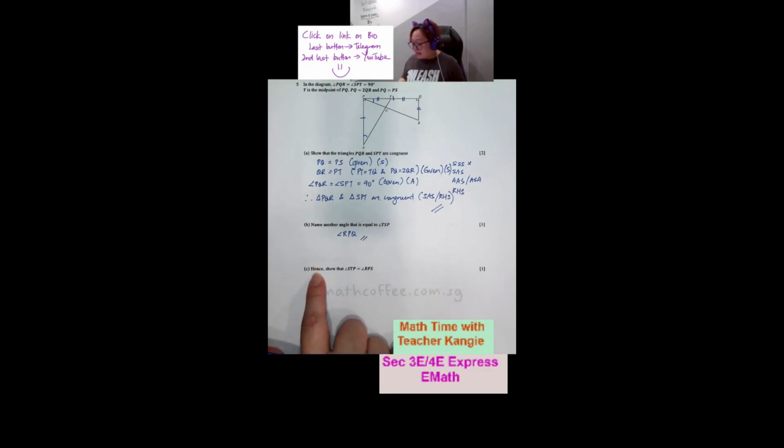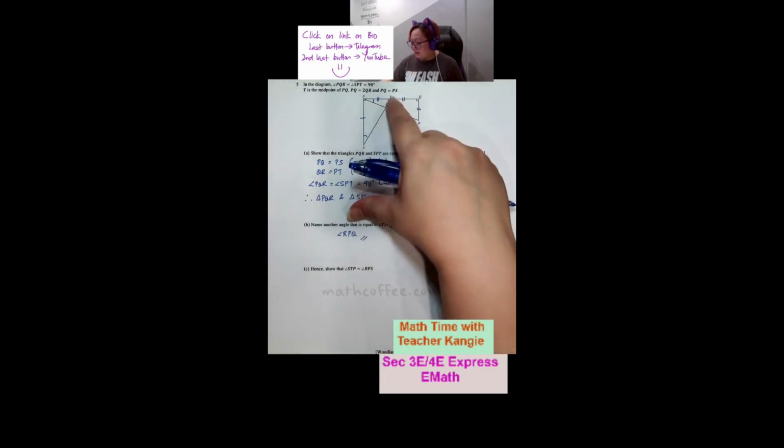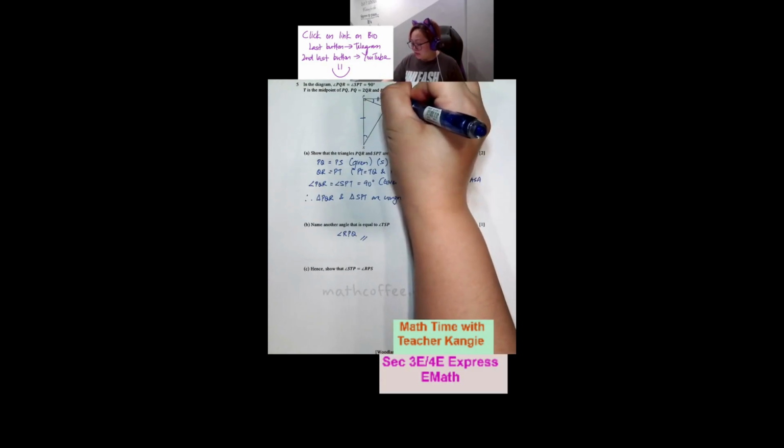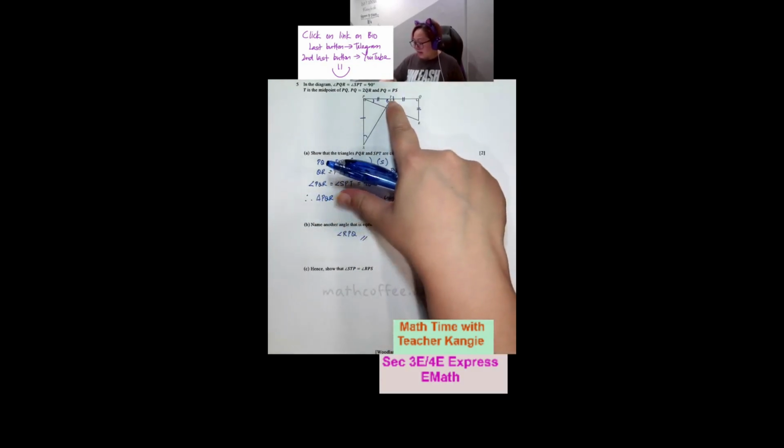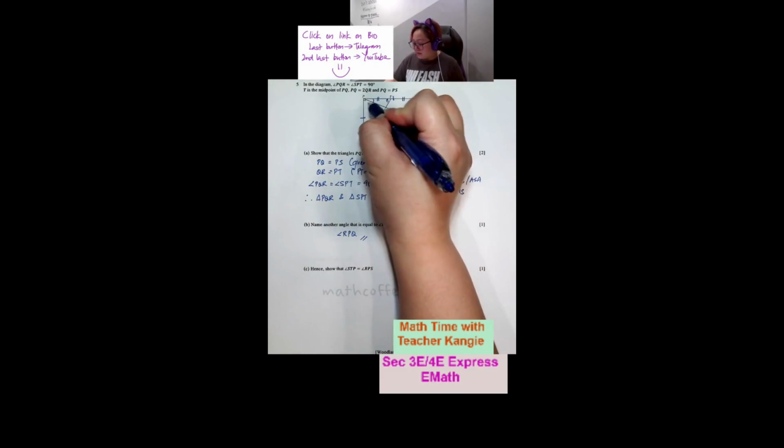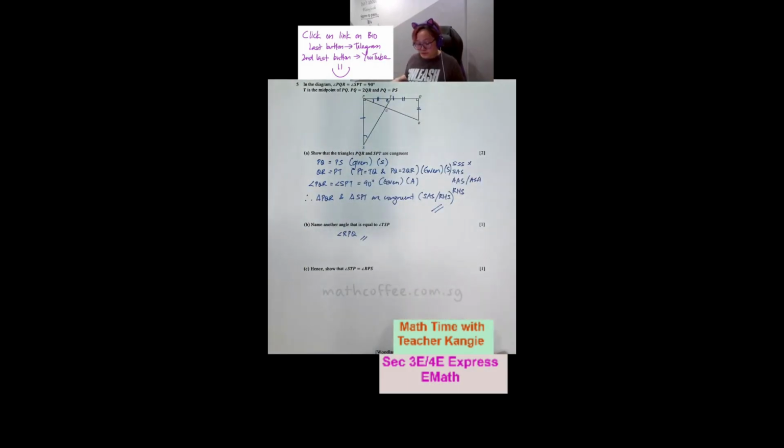Okay, next. Hence, they ask you to show that angle STP is equal to angle RPS. STP, this angle over here, they want you to prove that this angle is the same as this angle. How?